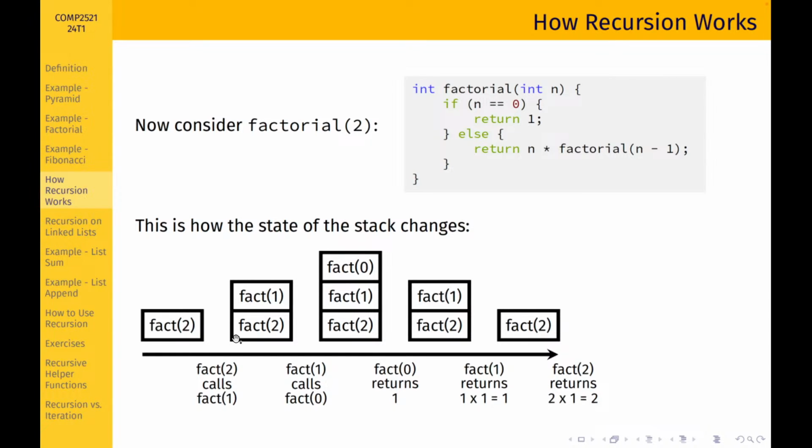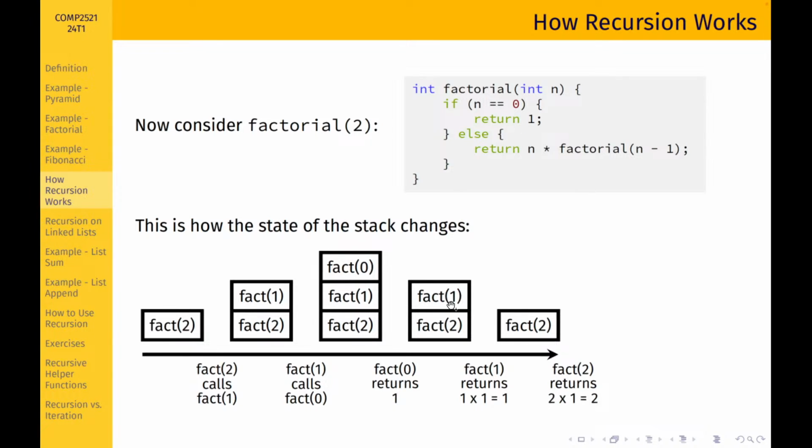Now factorial 2 is equal to 2 times 1 factorial, so it's going to have to figure out what 1 factorial is first. So it's going to call factorial on 1, and that's going to create another stack frame for factorial 1 on the stack. Now factorial 1 is going to call factorial 0, so that creates a stack frame for factorial 0 on the stack, and once factorial 0 returns 1, the stack frame for factorial 0 goes away.